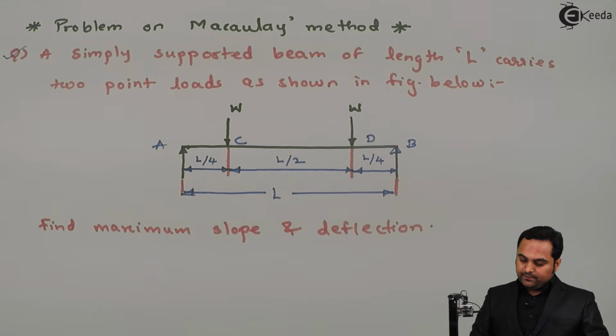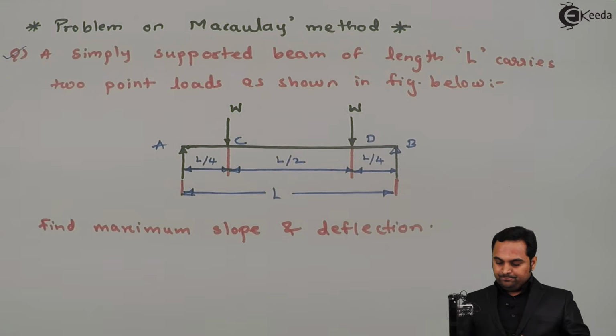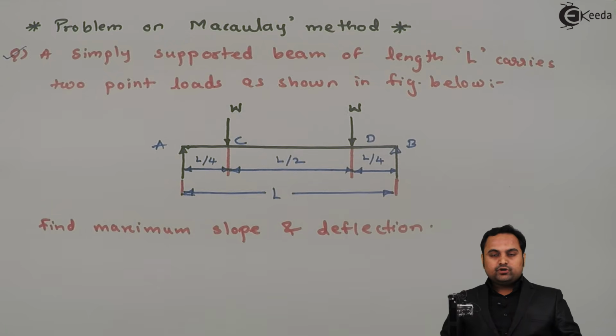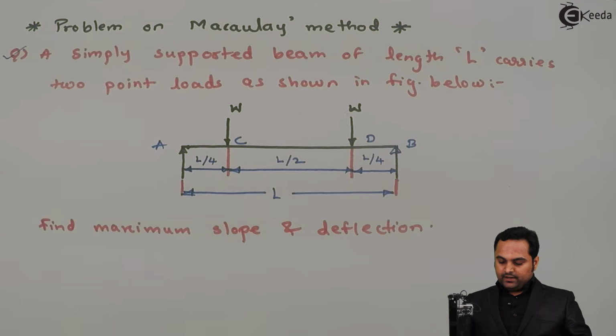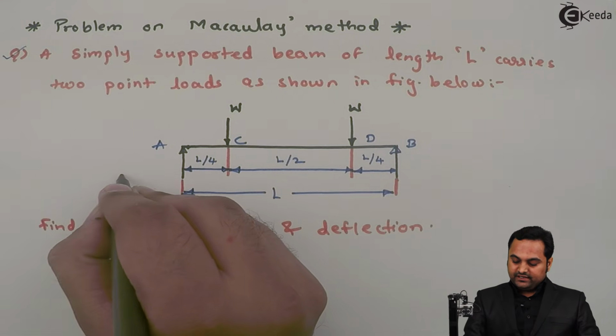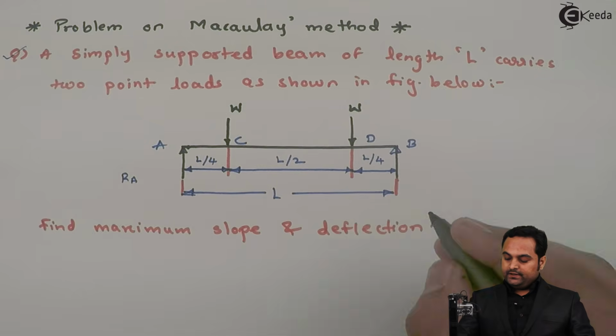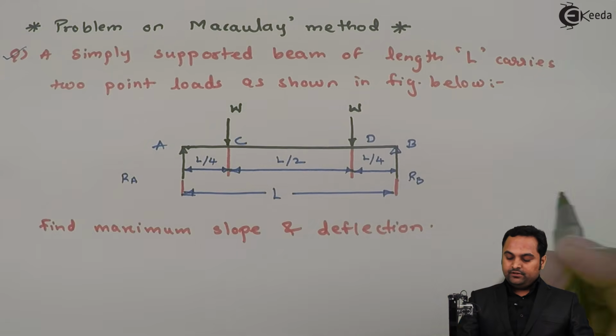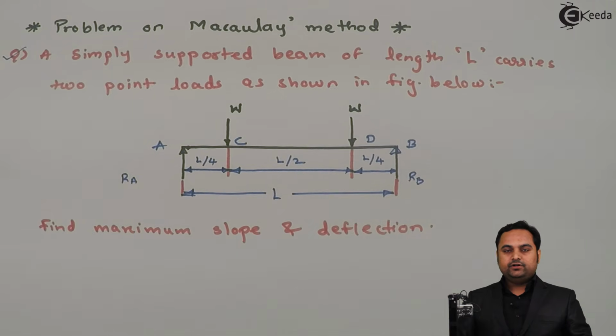So the first step in such problems should be to get the values of support reactions. Support reactions, that is the reaction at A, and how much is the reaction at B because of the loading, that we have to find out.